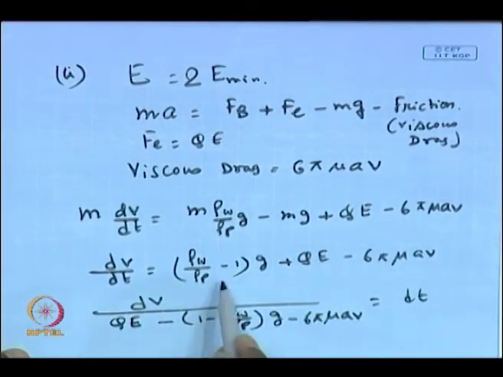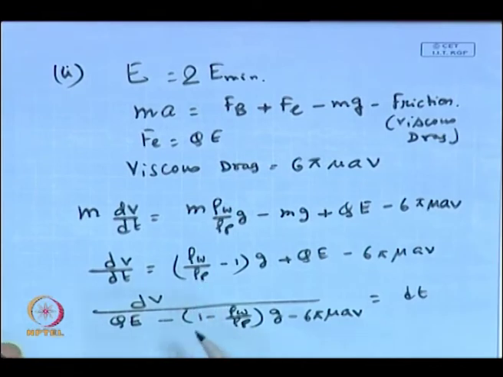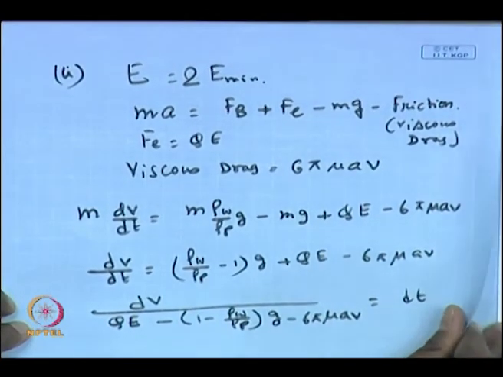Why have I taken a minus here? Because rho particle is always greater than rho water, so this term will be positive, rho p minus rho w. So, you have the electrical attractive force and the opposing forces, gravity and buoyant force as well as the friction force.